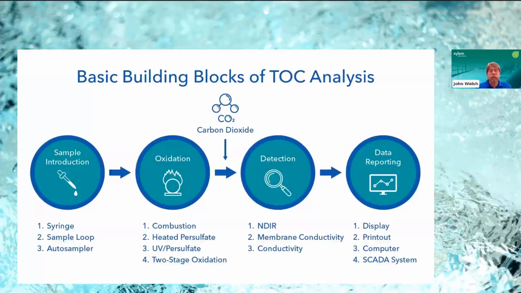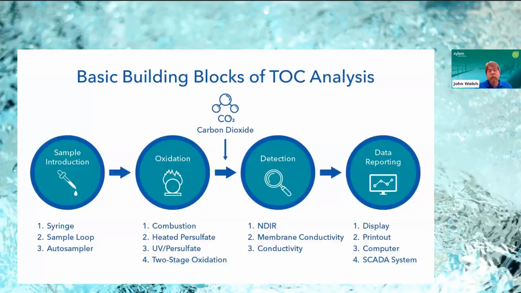The second step is oxidation. All TOC analyzers analyze carbon in any form by first converting it to carbon dioxide. The methods that are available today include combustion, heated persulfate, UV persulfate, and 2-stage oxidation.